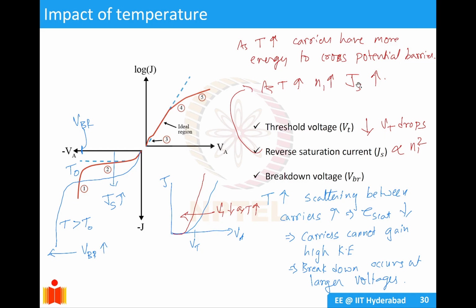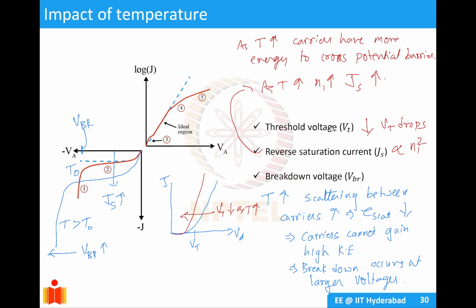Hence, your saturation current will also increase. So in reverse bias, the first thing you will notice is that your reverse saturation current increases.